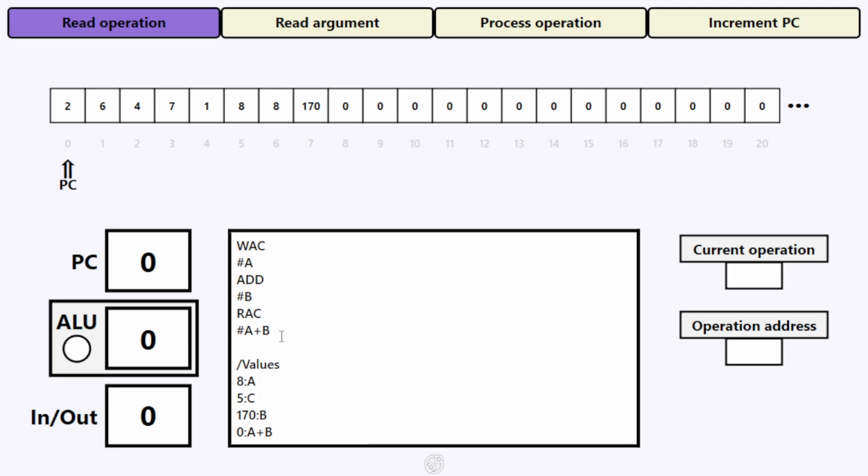This way, I as a human can read what's going on. I'm doing an operation: I write accumulator from A, I add the value from B, and I write the result to A plus B. And down here I have a couple of values. I have A, cool, that's the one I mean here. C, I don't know why it exists, but it's here, doesn't bother me.